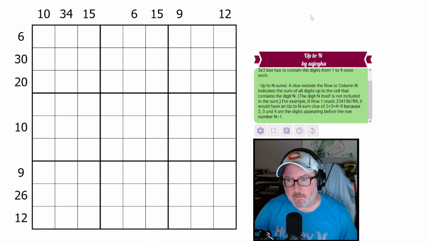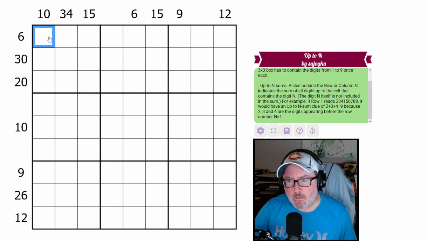For example, if row 1 were to read 2, 3, 4, 1, 5, 6, 7, 8, 9, it would have an up to n sum clue of 2 plus 3 plus 4, because 2, 3, and 4 are the digits appearing before the digit 1, where n equals the row number 1.